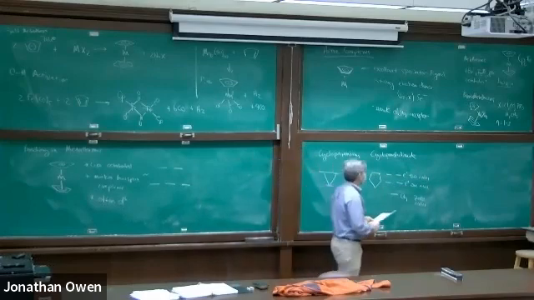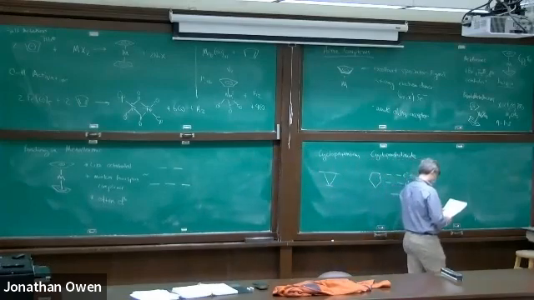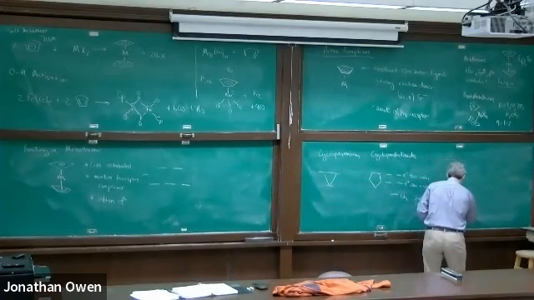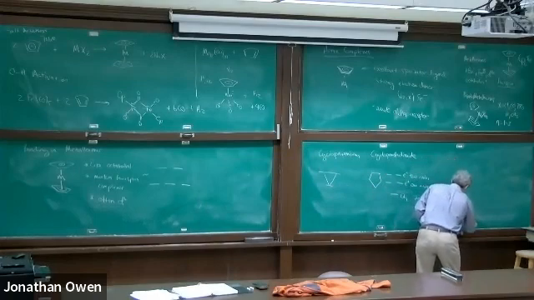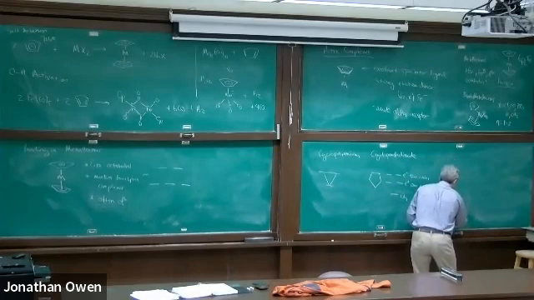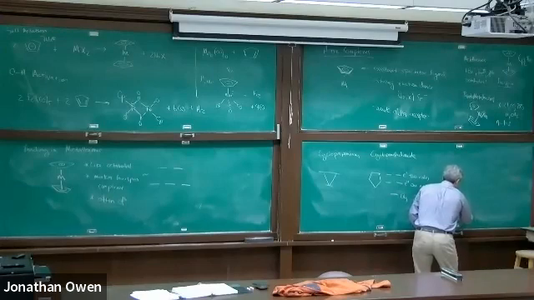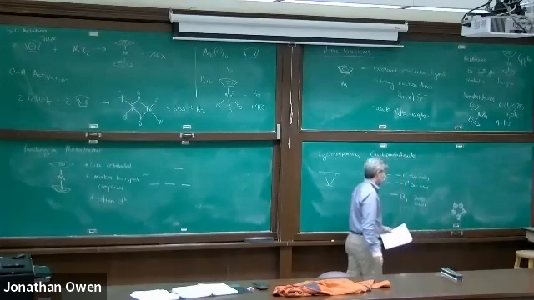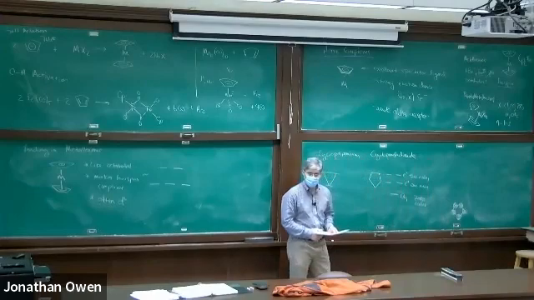Let's draw these things out. How many nodes? 0. There is the one that's in the plane of the ring. Okay, but what we're thinking about now is the pi bonding resonance.